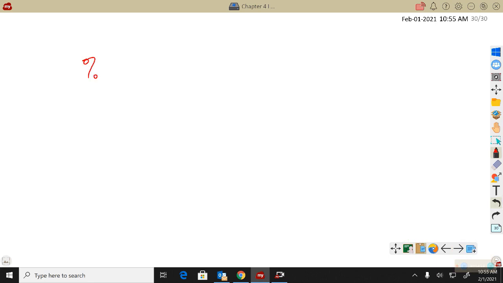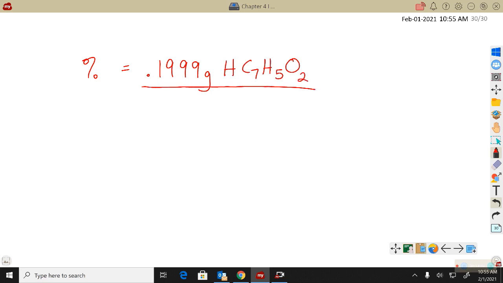Percent benzoic acid in the mixture is the 0.1999 grams of benzoic acid, C7H5O2, divided by the overall mass of the waste mixture.